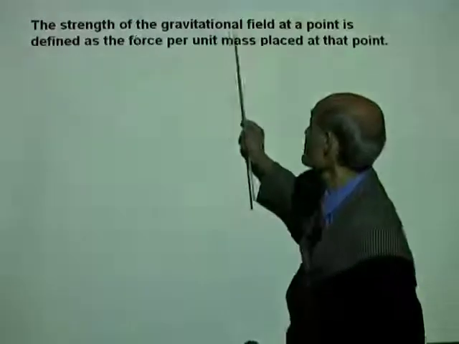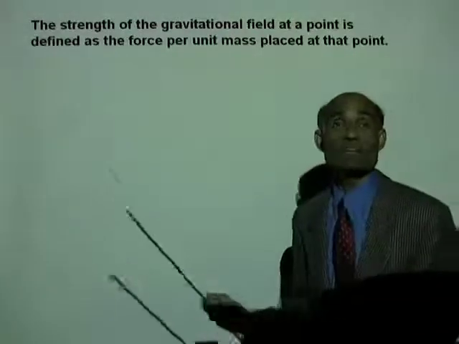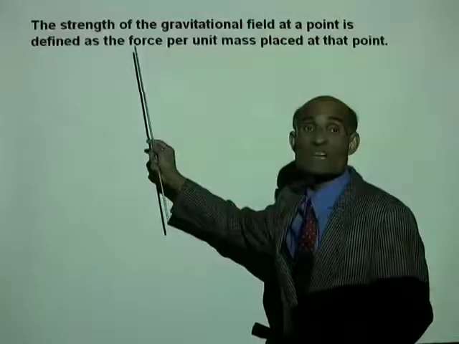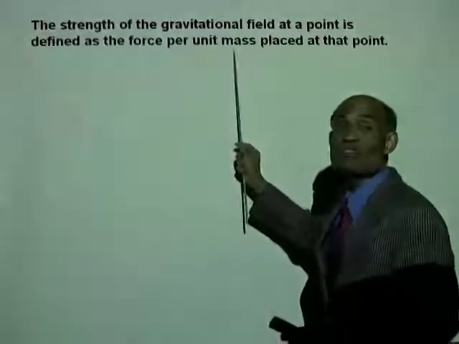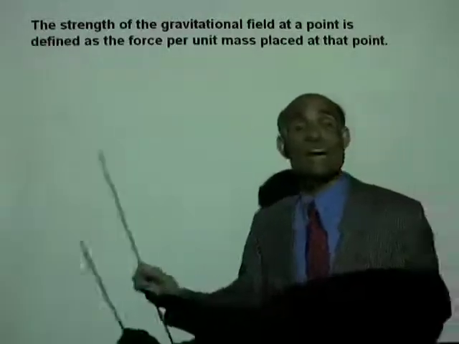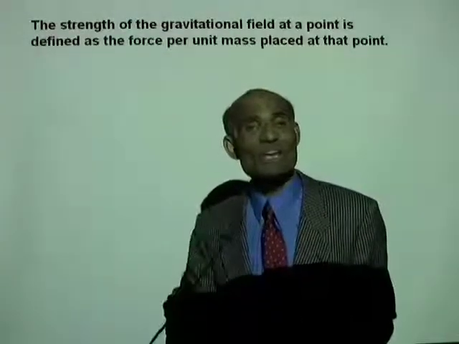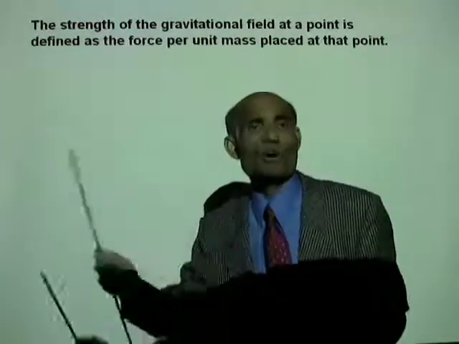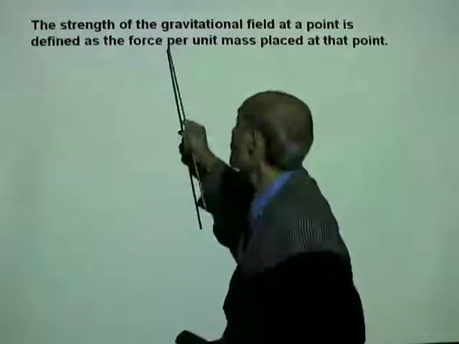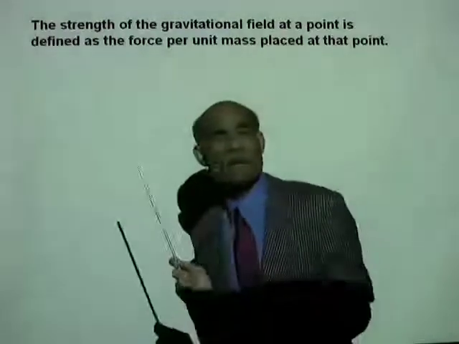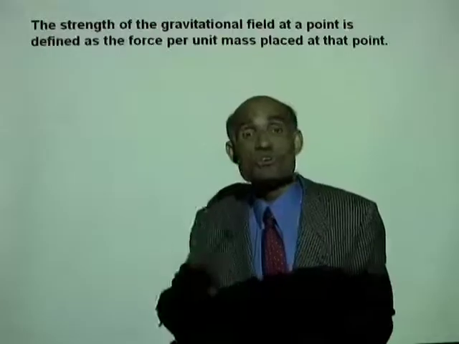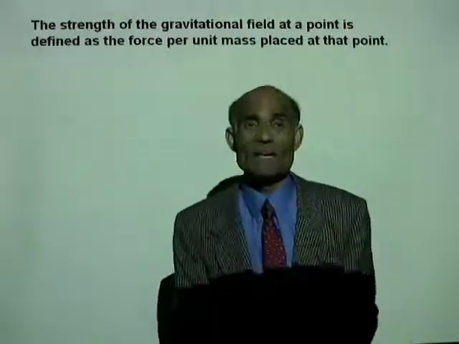The strength of the gravitational field at a point is defined as the force per unit mass placed at that point. What is the unit for gravitational field? It is force per unit mass, Newton per kilogram. Let's write that down and see what that is. The unit of the gravitational field is Newton per kilogram.